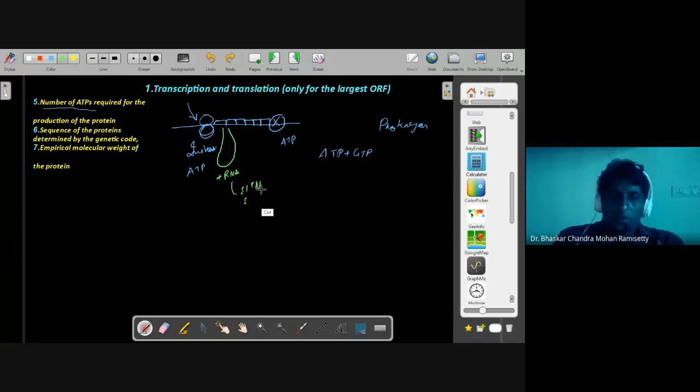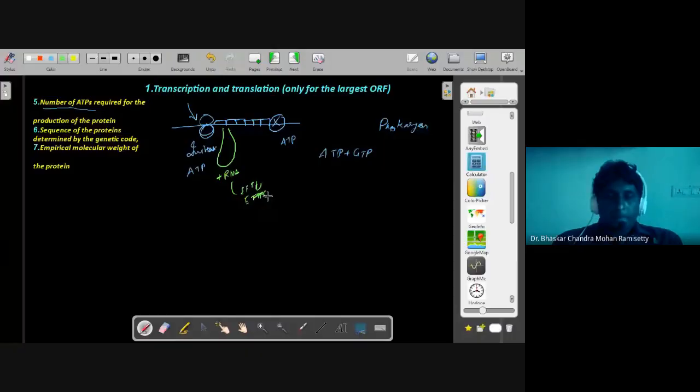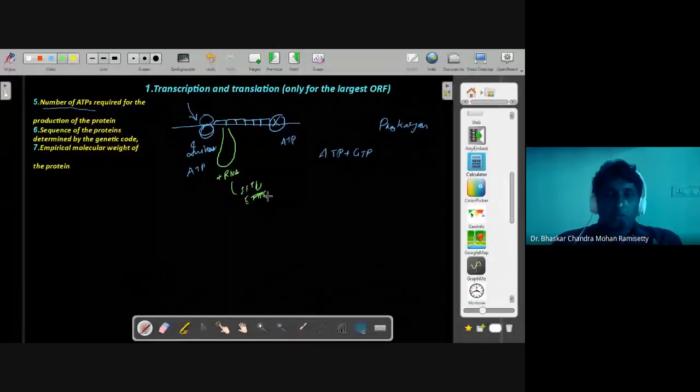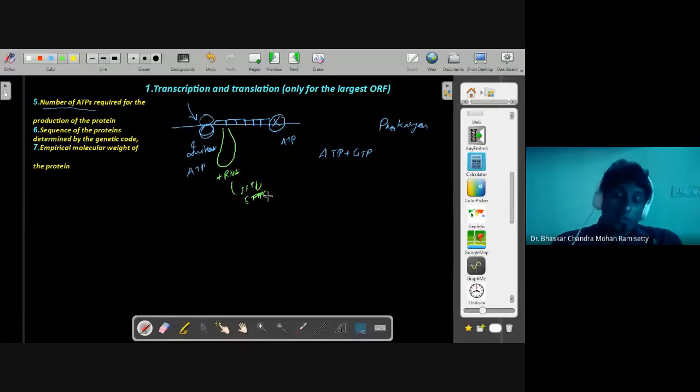They are important for the charging of tRNA with amino acids, then bringing the tRNA to the ribosome, and adding the amino acid to the growing peptide chain.